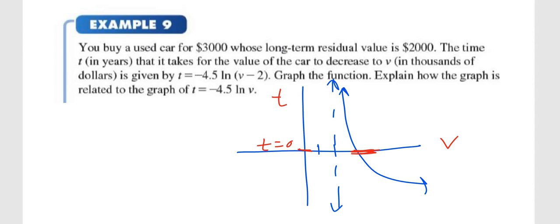It's kind of a weird way to show this, because like I said, time is usually your horizontal measurement, and value or money is the vertical, and so that's why this looked a little weird to me when I first started out.